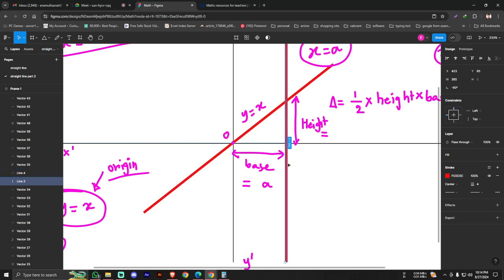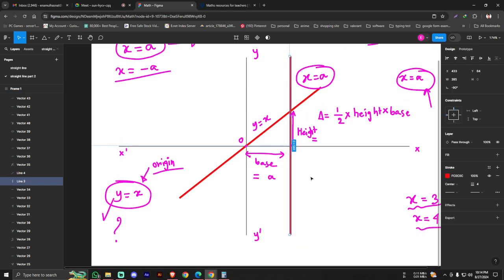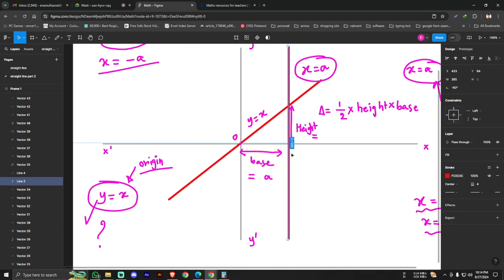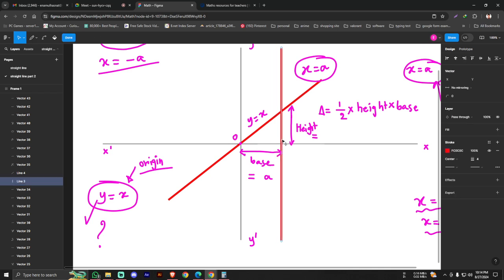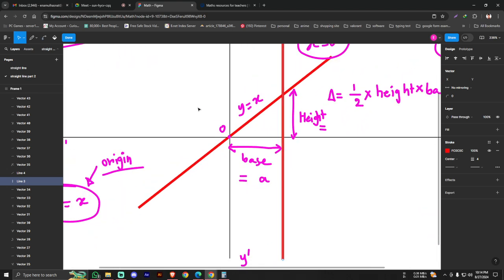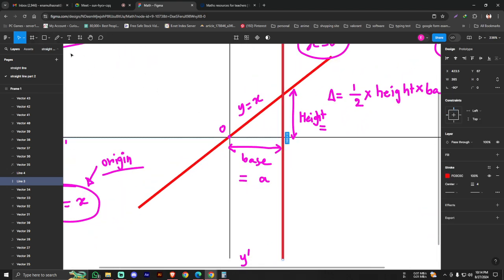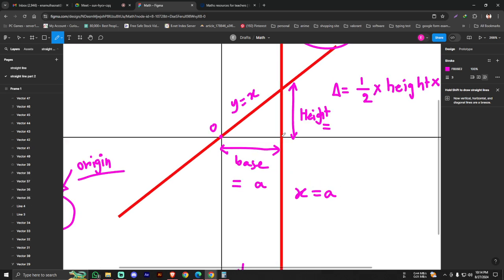If you move this line away, the base also increases, right? And if you move closer, the base decreases, so the base is dependent on this line. Now we understand that this is x is equal to a. What is this point right here?